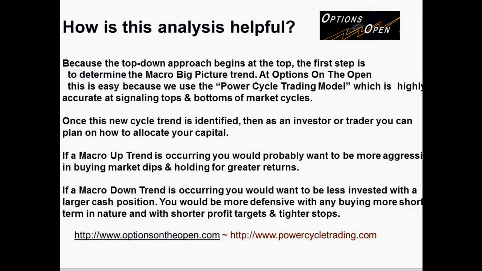Once a new cycle trend is identified, as an investor or trader you can plan how to allocate your capital: more aggressive on the long side in a macro uptrend, or more defensive to the downside in a macro downtrend. This really helps you plan your trading, and it's something every trader or investor needs in order to be successful.